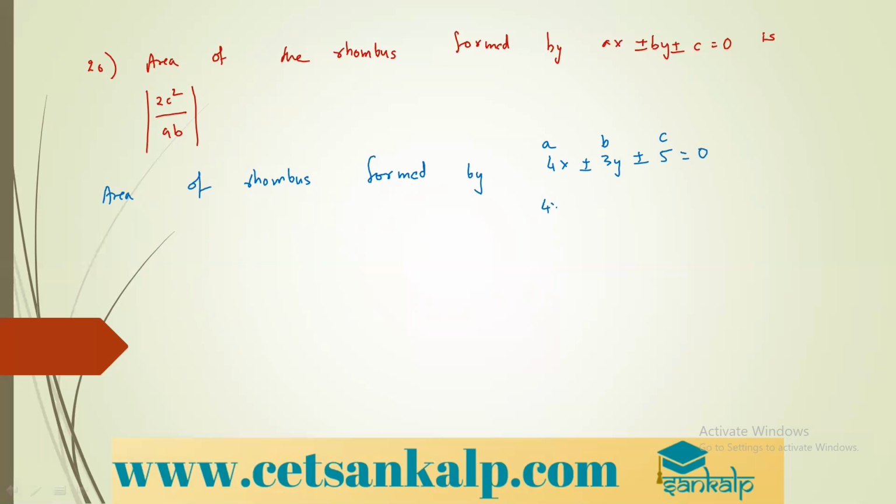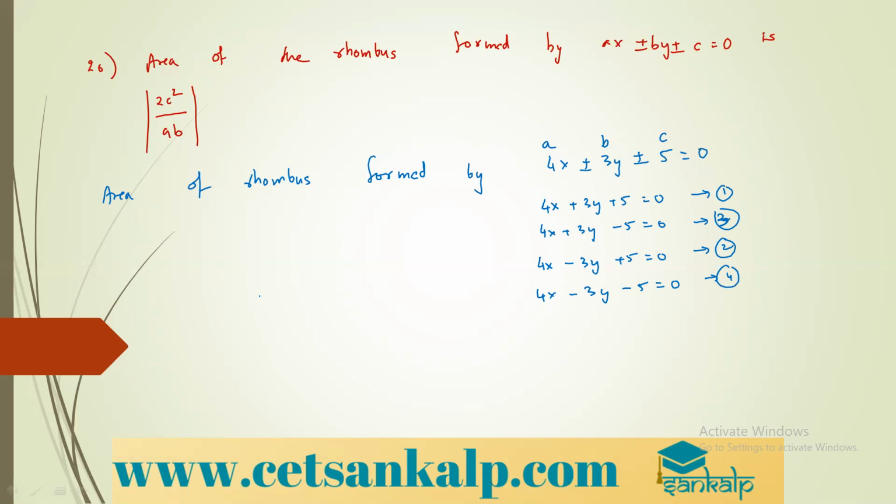Like first line, 4x plus 3y plus 5 equal to 0. Parallel to this, 4x plus 3y minus 5 equal to 0. Second side, that is parallel. Parallel side I can take as third side. Okay, second side, 4x minus 3y plus 5 equal to 0. The parallel side, that is fourth side, 4x minus 3y minus 5 equal to 0.